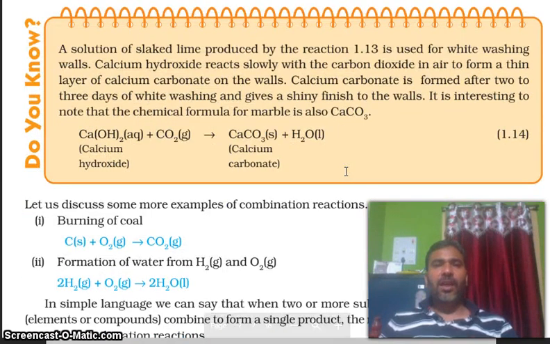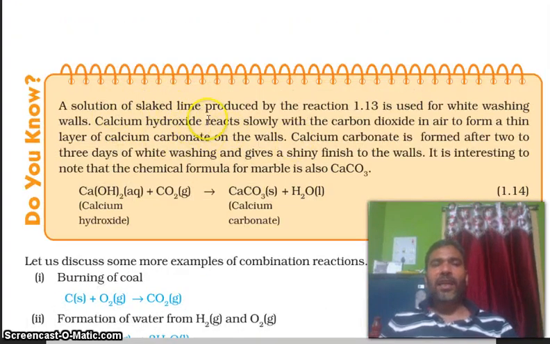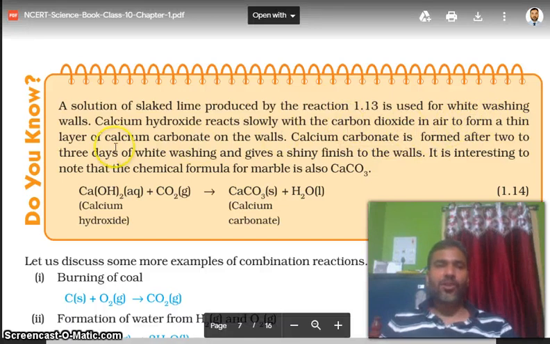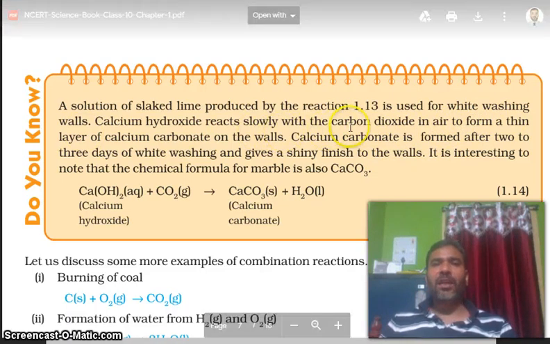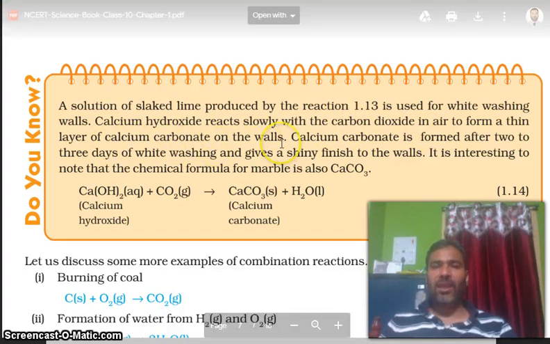So I will show you. Do you know this? Read it in your books. A solution of slaked lime produced by the reaction is used for whitewashing walls. Calcium hydroxide reacts slowly with the carbon dioxide in air to form a thin layer of calcium carbonate on the wall.